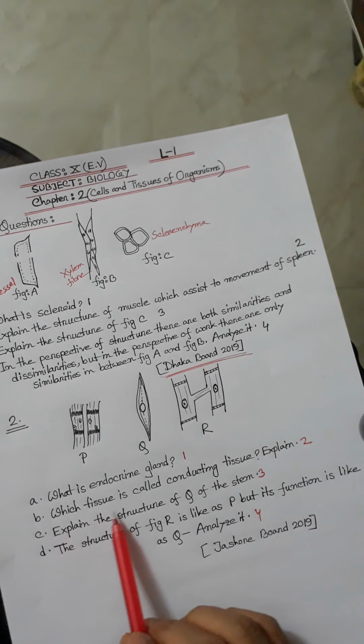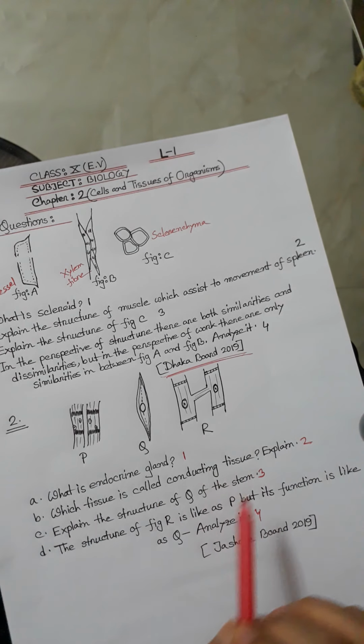Next, B: which tissue is called conducting tissue? Explain. Complex tissue, xylem and phloem, is called conducting tissue.